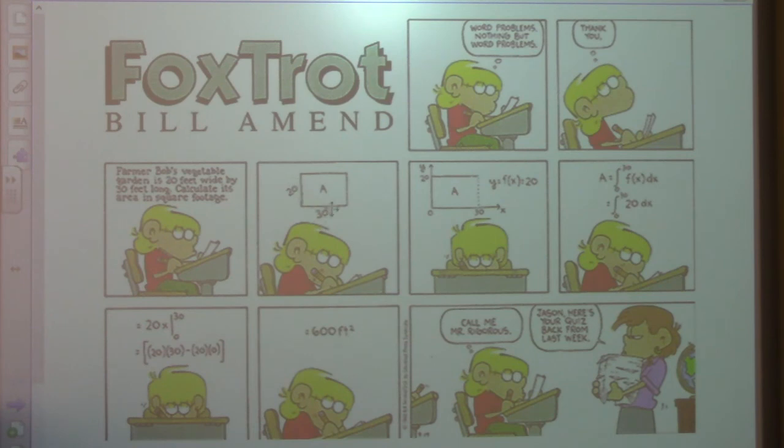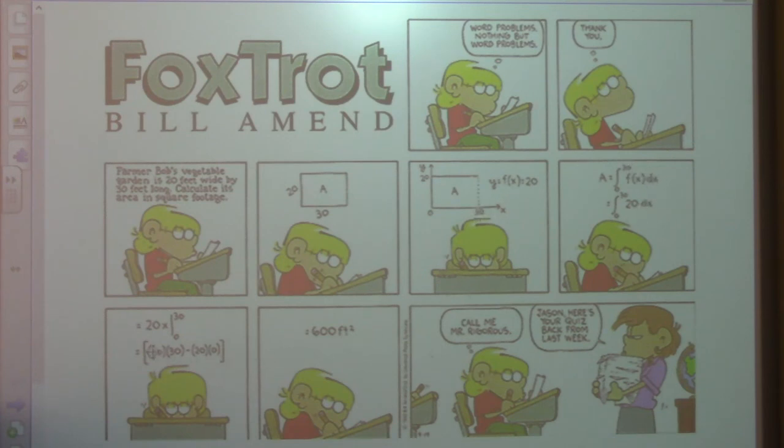And so here we have this area which is 20 by 30. And so he decides to make a calculus problem out of it. He lets y equals f of x equals 20. So here's y equals 20 right here. And we have this thing from a to b. And in this case, a is 0, b is 30, 20 dx.